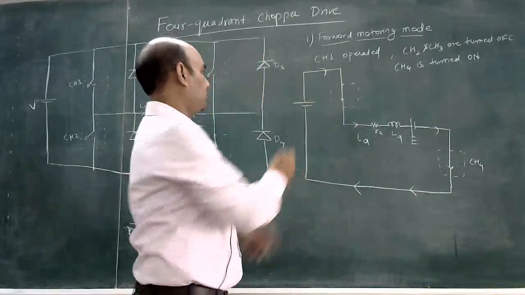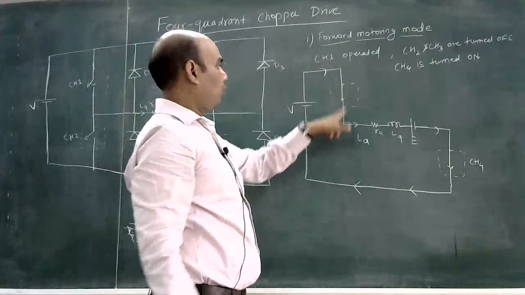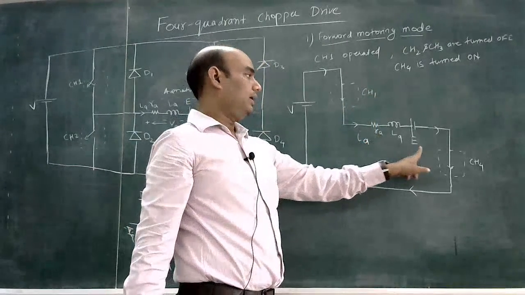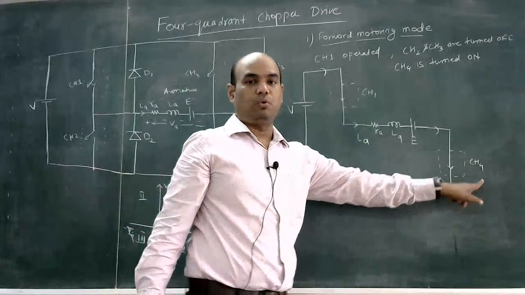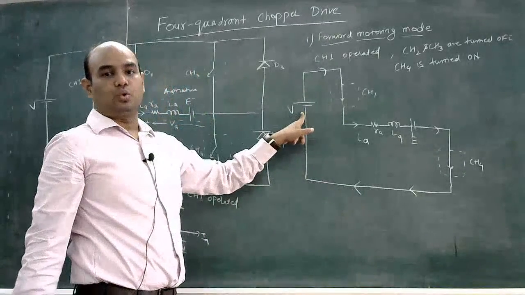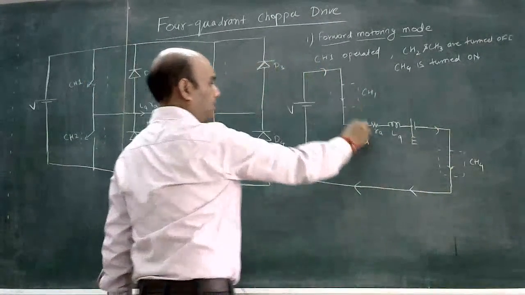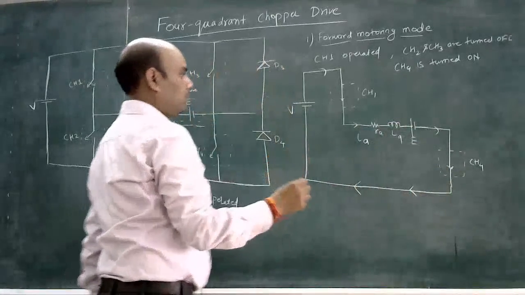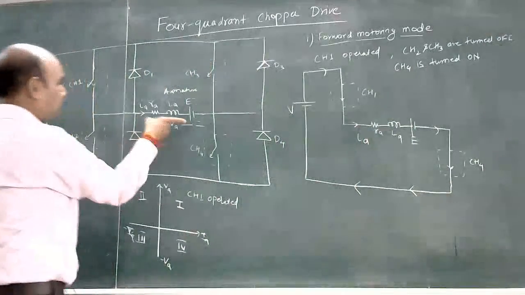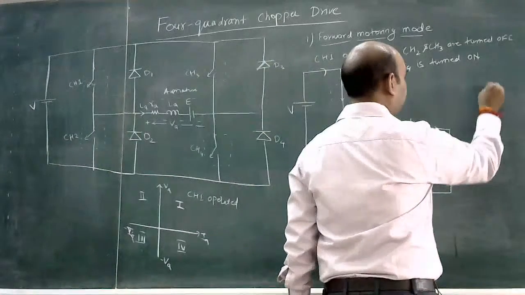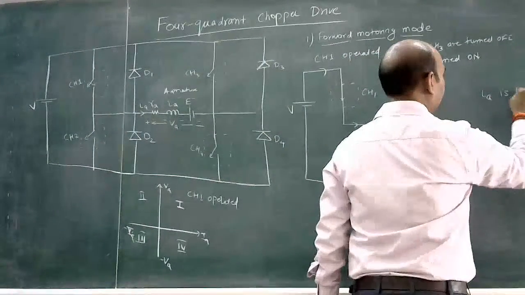So the path of this IA will be from CH1 to RA to LA to back EMF, then CH4 and back to the source. Current flows in the same direction which we assumed earlier, so IA is positive.